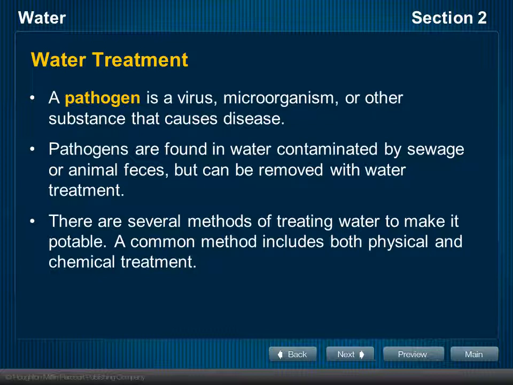And the way we treat it, we can treat it physically through filtration, or we can treat it chemically. Most water treatment facilities are actually going to use a combination of both physical methods and chemical methods.